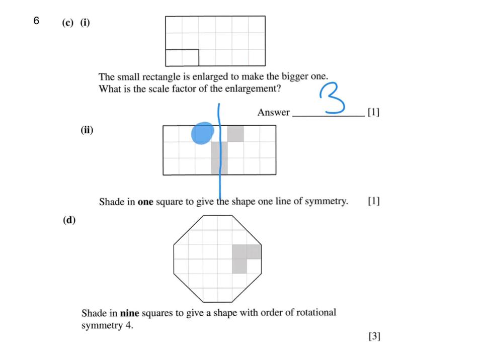Alternatively, if I just get rid of those, I could also shade in this square, and that would then give a horizontal line of symmetry going through there. So those are your two options. You can either do the one that is highlighted in blue or the one that is highlighted in red.